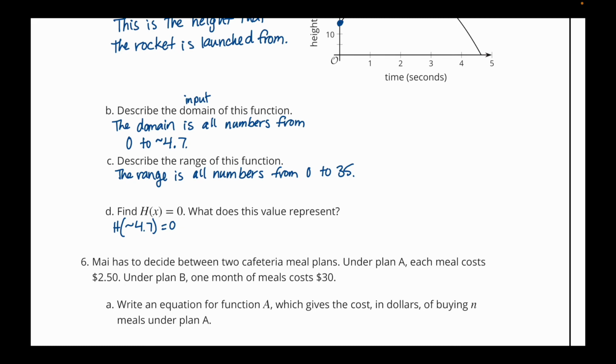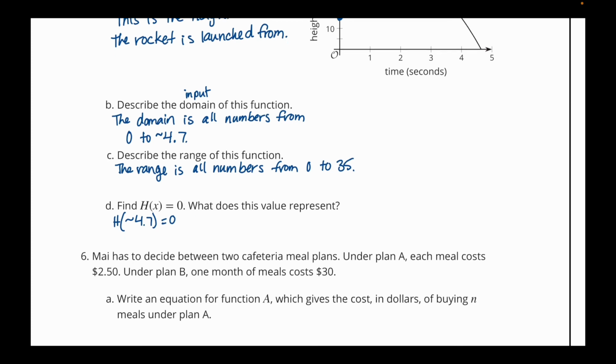That value represents when the height is 0. So it represents when the rocket is on the ground. And 4.7 would be, I believe, seconds. Yeah, time in seconds is what it says under there. So this represents the time that the rocket hits the ground.